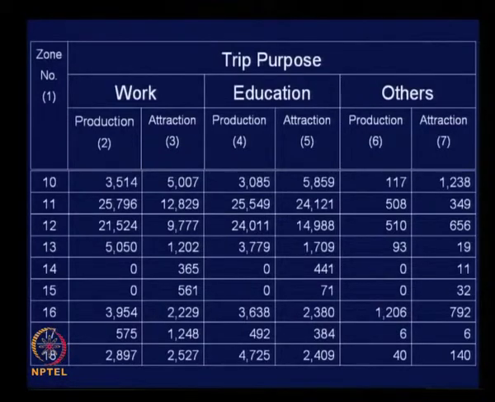As I said, it is an agro based economy, maybe some agricultural fields which attract trips; people go to the field for work, right. There may not be a large number of trip attractions to fields, only a limited number. So that is why you must have a feel of the land use of the area when you look at these numbers. And when you look at trip attraction numbers of say 24,121, obviously you must think of a very intense commercial area or industrial area and so on, right.